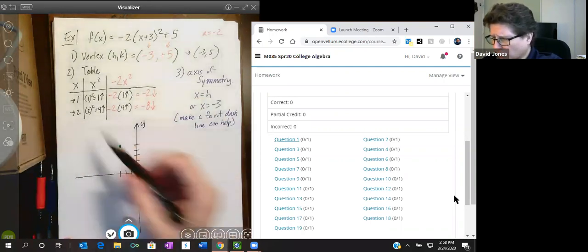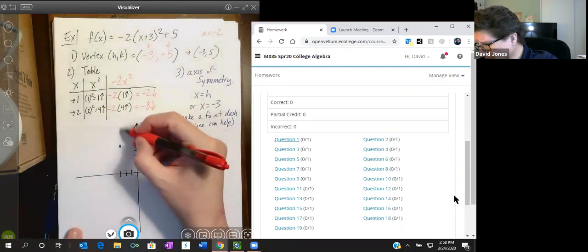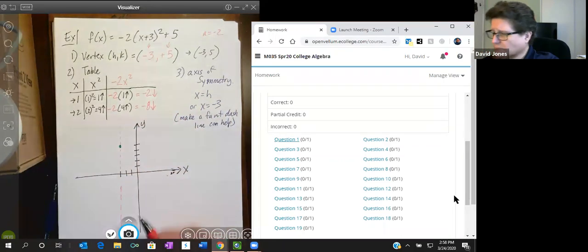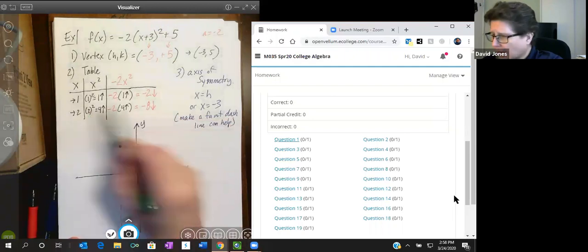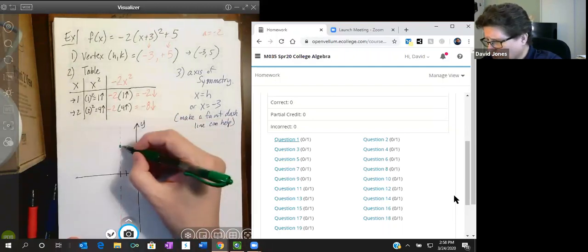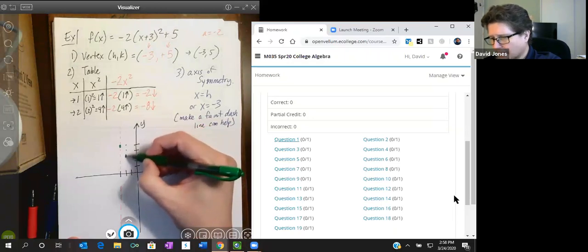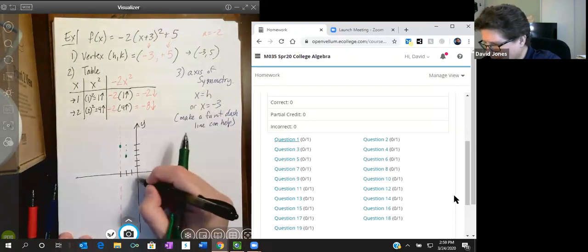This makes my vertical line right here, my axis of symmetry. I'll make it real faint. And when I go right 1, I want to go down 2. So right 1, down 2. And I literally just do little dots as I'm doing it. Right 1, down 2. And then I got to go down quite a bit for the second one, so I'm going to add some more lines.